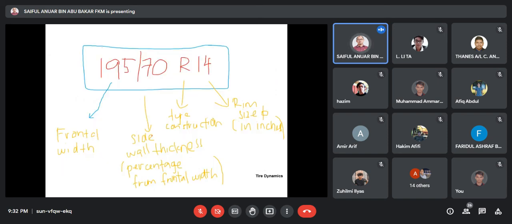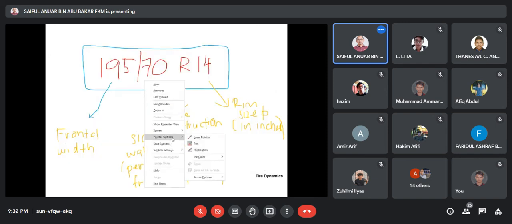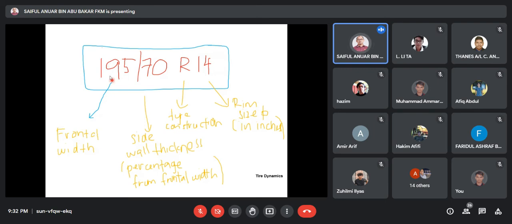It was already explained before. So this is the frontal width or thickness. This is 70% the tire sidewall thickness, 70% of the tire width, and then this is the tire construction, and then this is the rim size in inches.